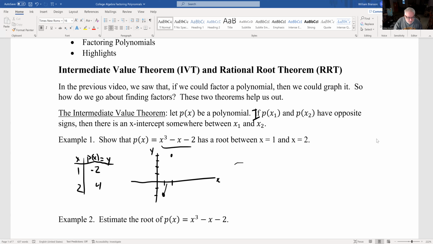Well, somewhere between 1 and 2, the graph has to cross the x-axis. So there's an x-intercept in there somewhere. We can call that a root, right? So somewhere between 1 and 2, there's a number that we can plug in that will give you 0 out for y. We don't know what that number is, but we know there has to be one.